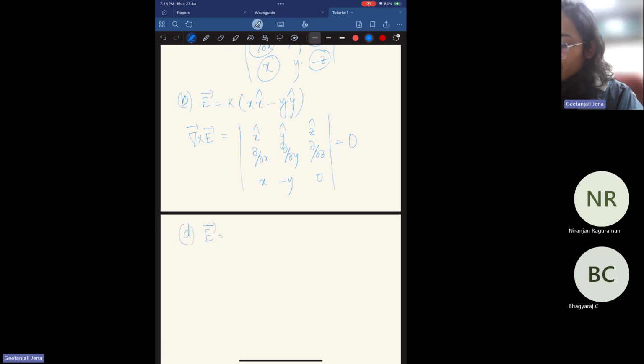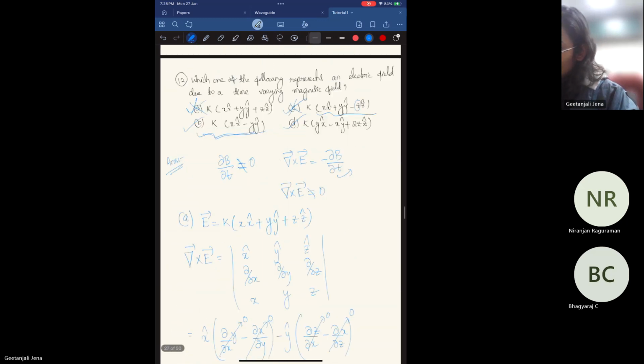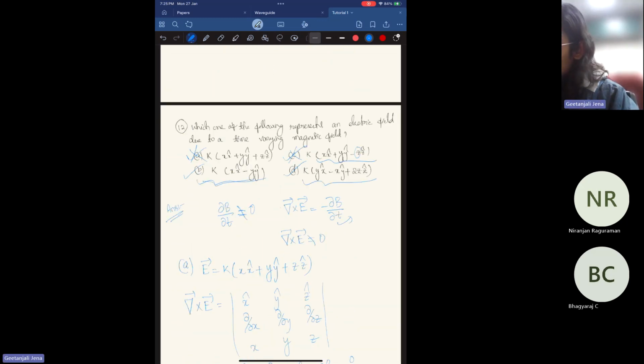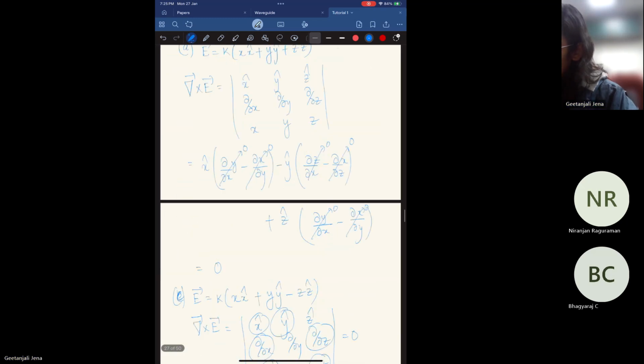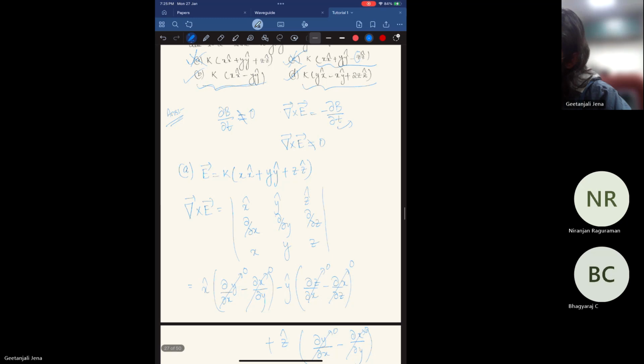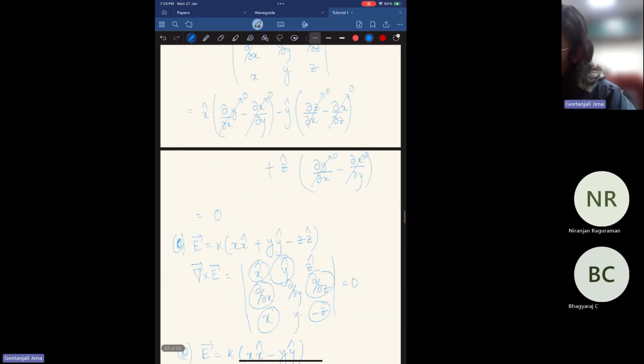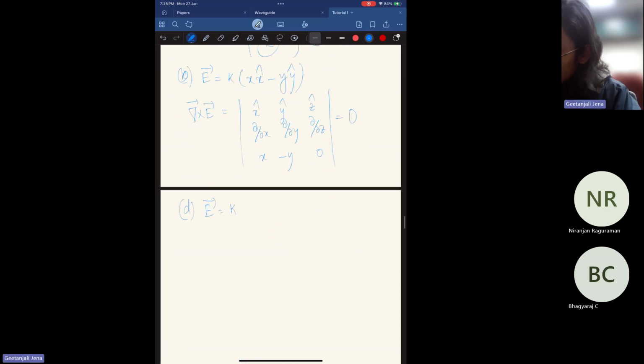For the D part, we have E is k times y x cap minus x y cap plus 2z z cap. This is quite different from what we have in the other options.